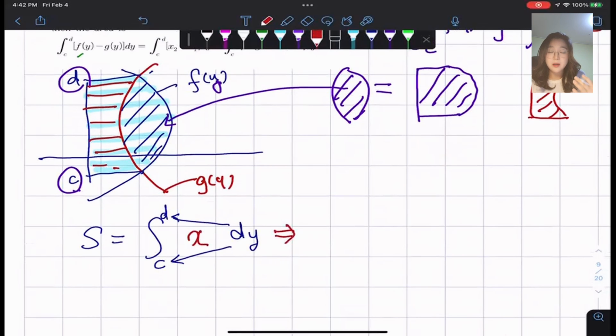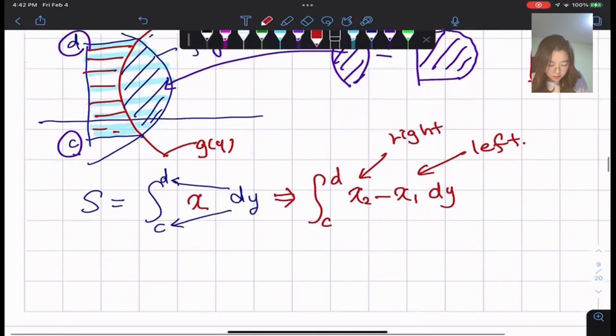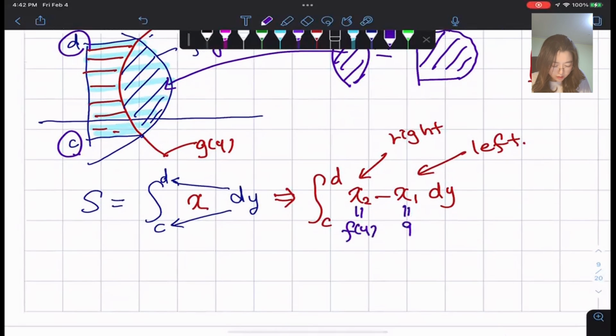Let's expand if there are two graphs, x2 and x1. So integral c to d of x2 minus x1 dy. This is right. This is left. Yeah. So in the assumption, this is f(y), this is g(y). So we can rewrite from c to d f(y) minus g(y) dy.